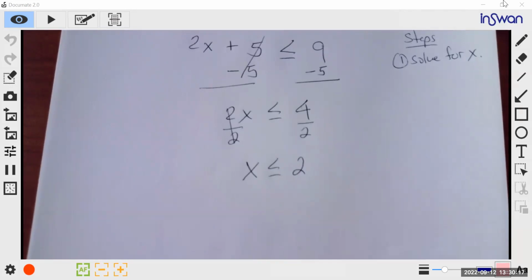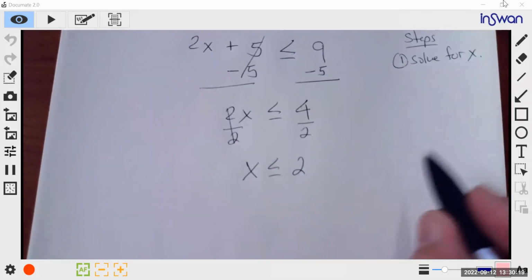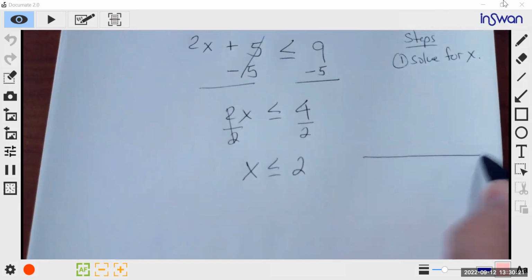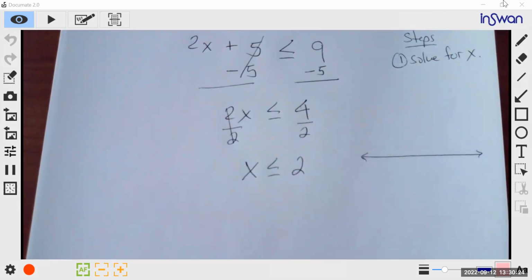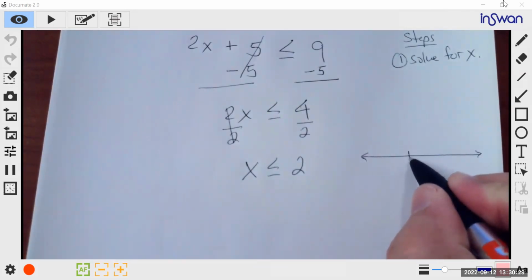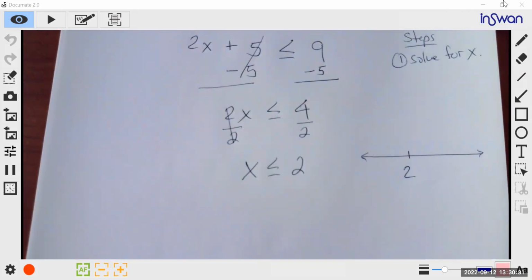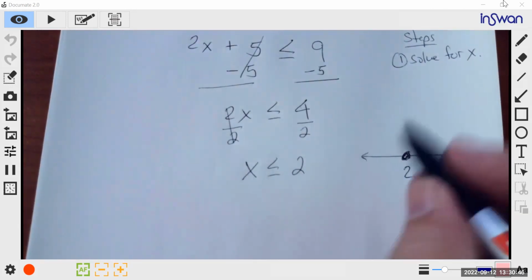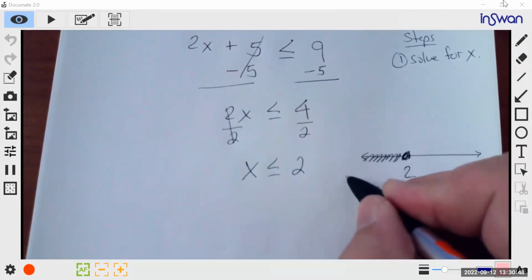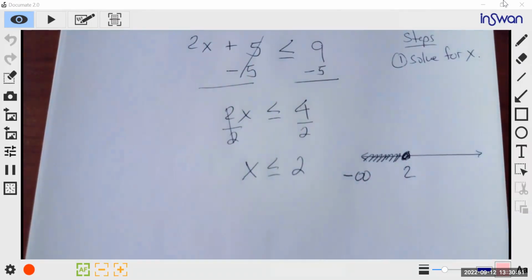So now you have to put in the other two forms. How would you graph it? What would the graph look like? Two would be a closed dot. Which side gets shaded? Because X is less than or equal to 2, it's got to go this way, towards negative infinity.